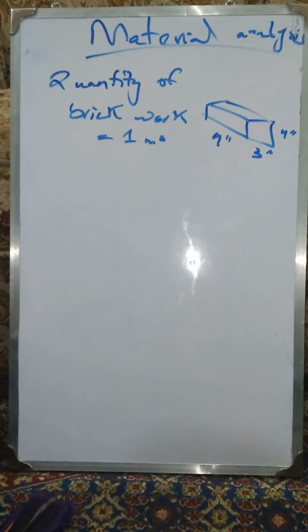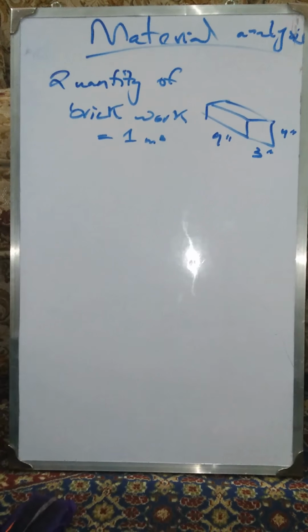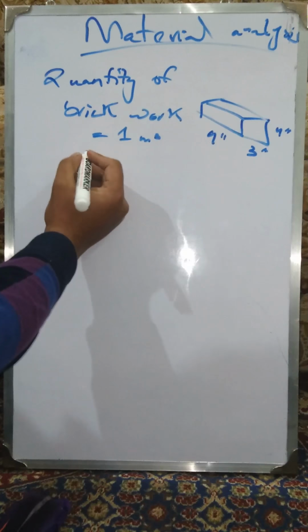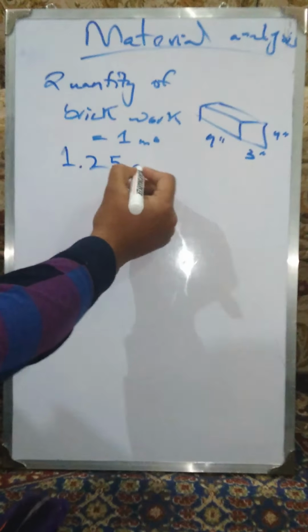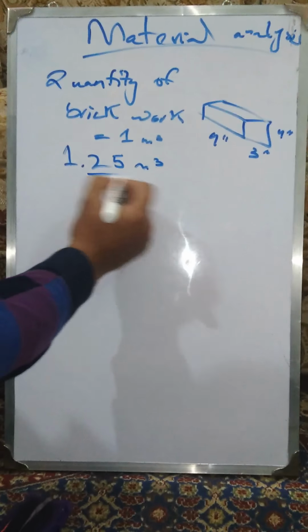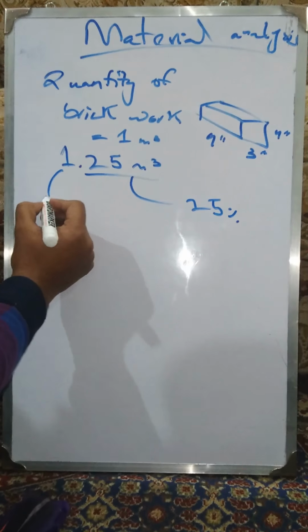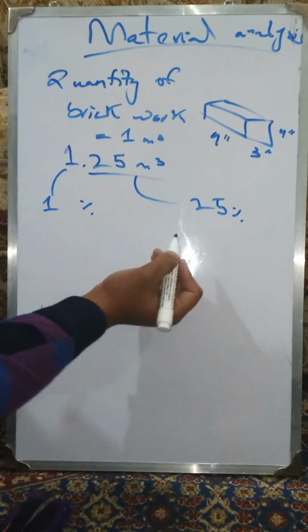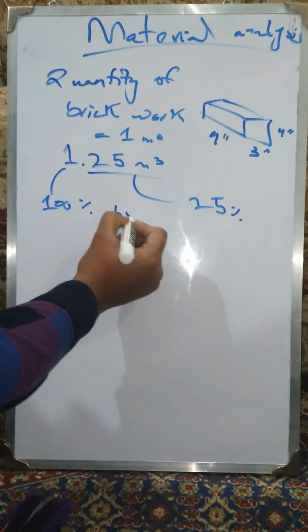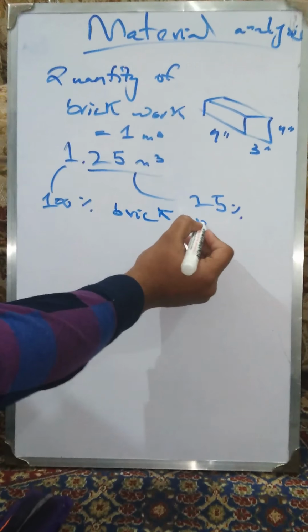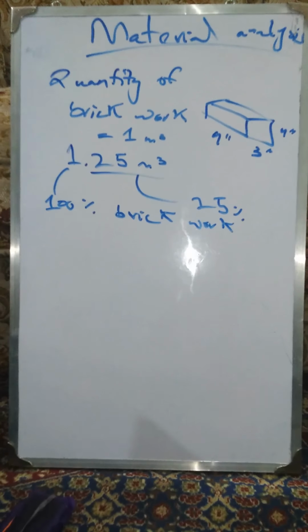So the quantity of brickwork required is 1 cubic meter. As 25% mortar is required, the total volume would be 1.25 cubic meter, in which 25% is mortar and 100% is brickwork.